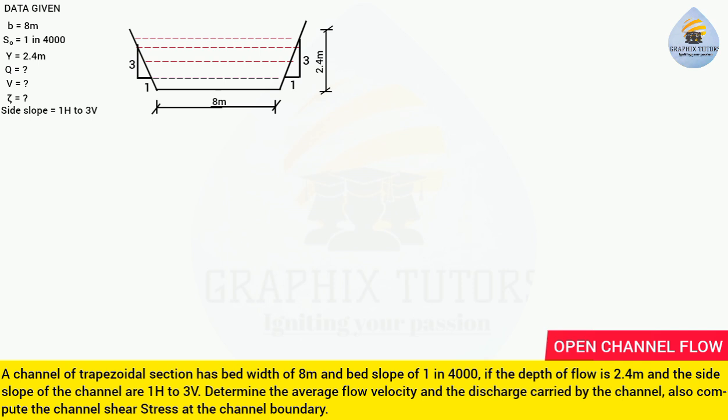Now, what we should do here is this. If you look at this channel, I told you it is a combination of a triangle and a rectangle. So if I move from this point upward here and here, you will discover that it brings out a rectangle. This is section 1, section 2, and section 3.